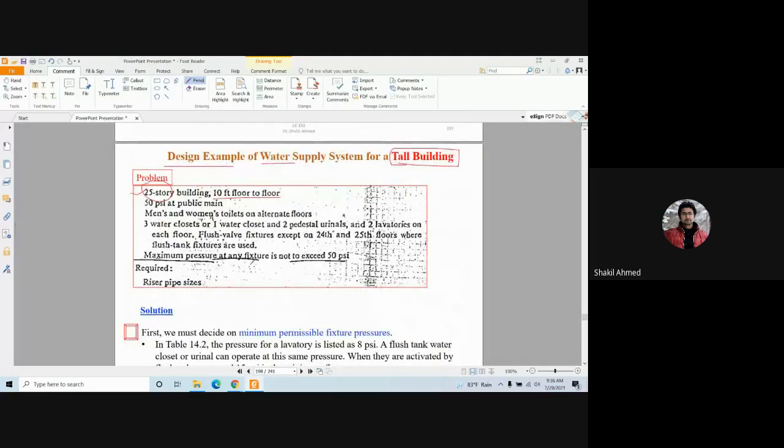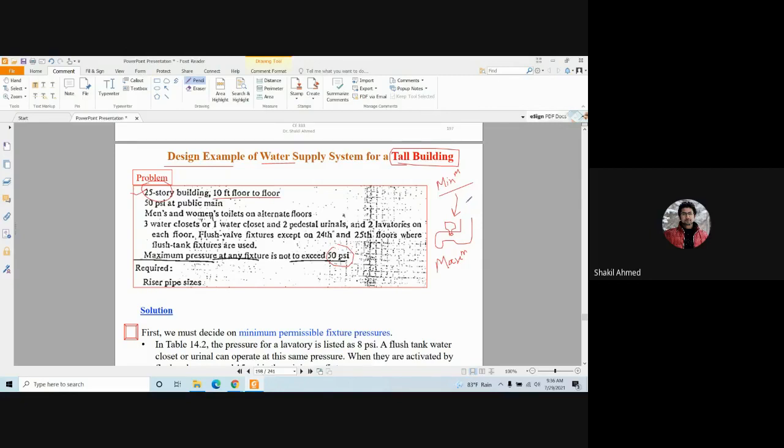Maximum pressure at any fixture is not to exceed 50 psi. That means if you have a tap, for example, okay, you have a tap here. Each fixture has a minimum requirement for proper functioning. As I told you, minimum pressure required. At the same time, it has a maximum requirement. Why maximum? Because pressure means what? You are giving force, right?